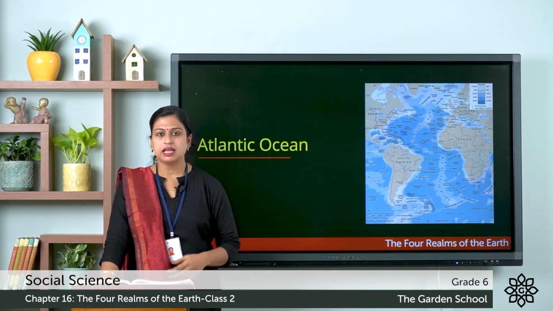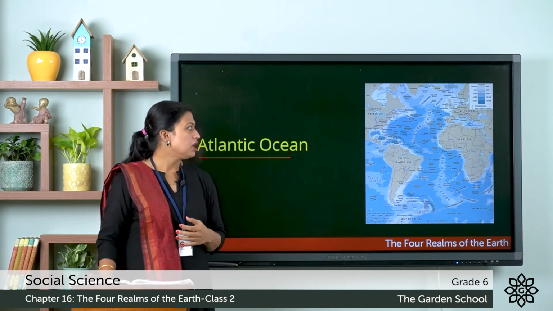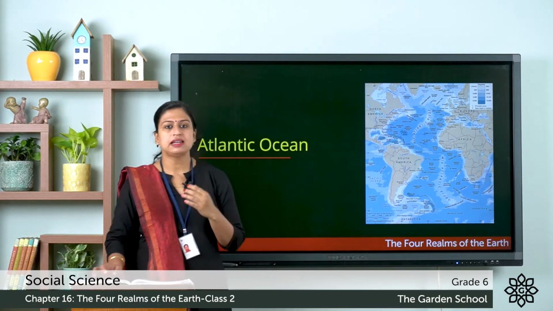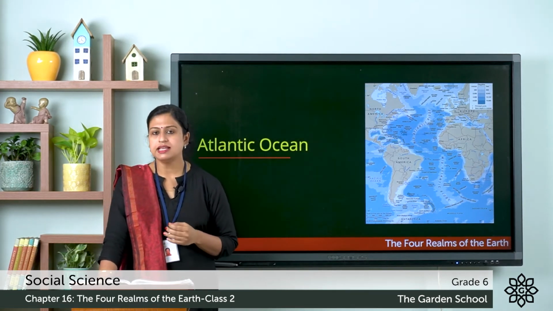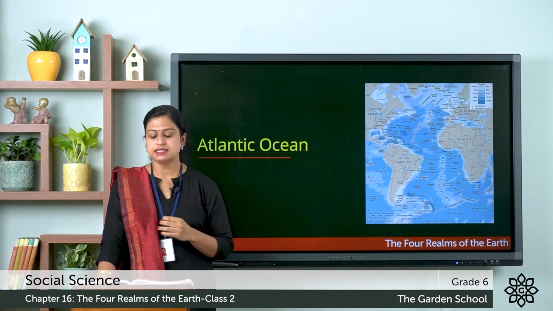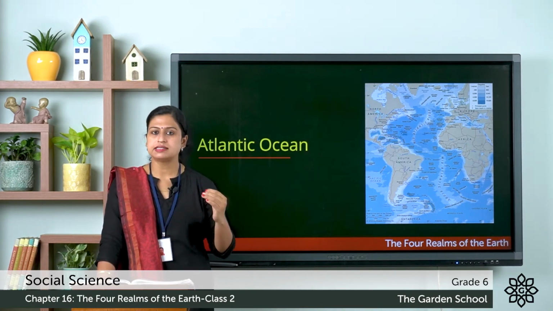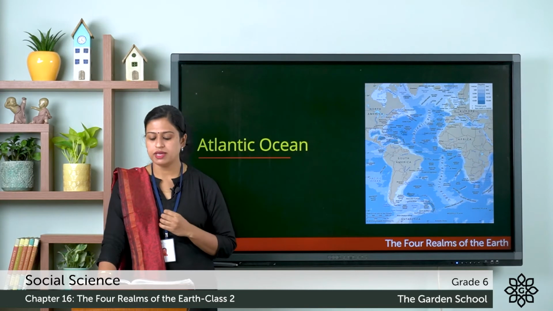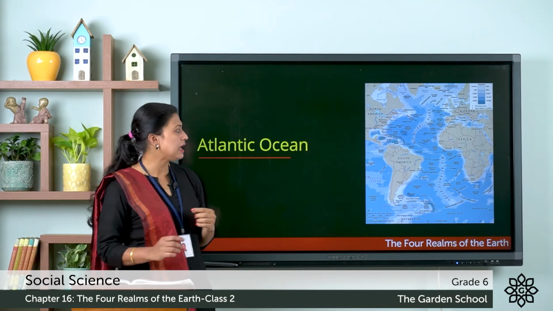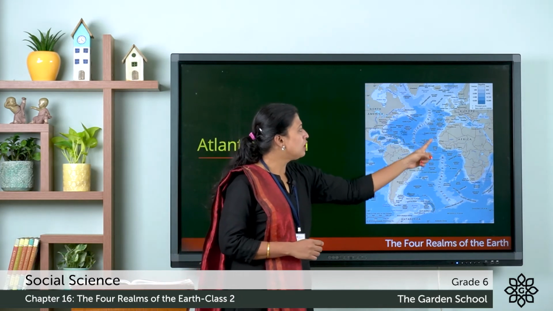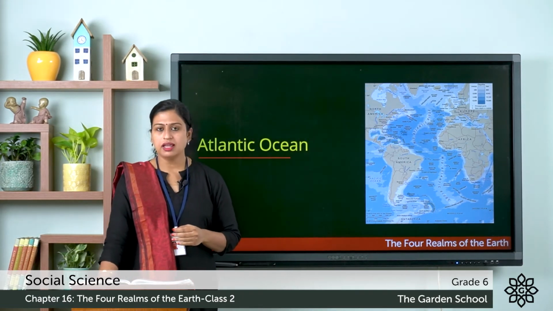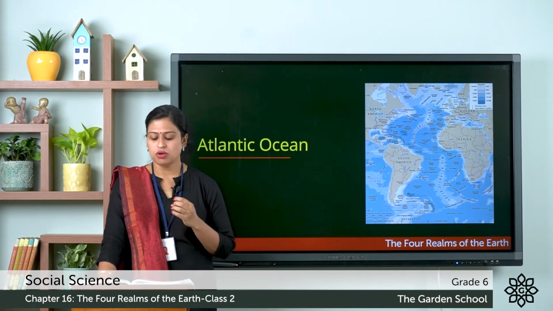Next one is the Atlantic Ocean. So this S-shaped ocean is the Atlantic Ocean, and it lies between Africa and Europe on its east and North America and South America to its west. And you can see that the equator divides the Atlantic Ocean into the North Atlantic Ocean and the South Atlantic Ocean, and this is the saltiest ocean.